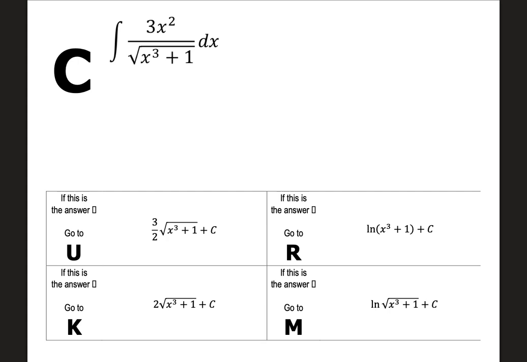So we'll make u equal x cubed plus 1. Similarly, take the derivative of both sides.